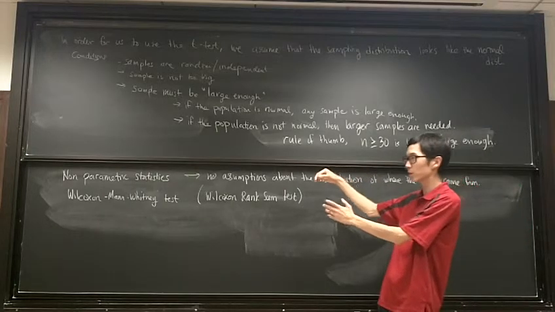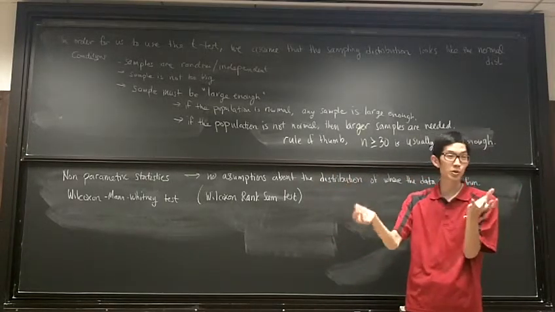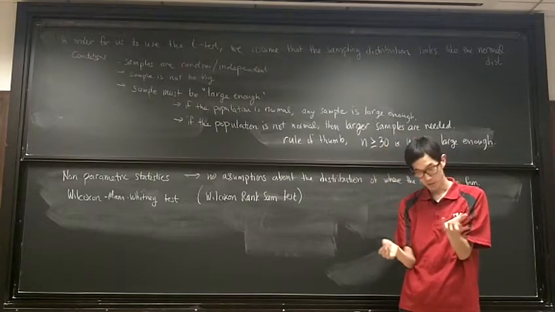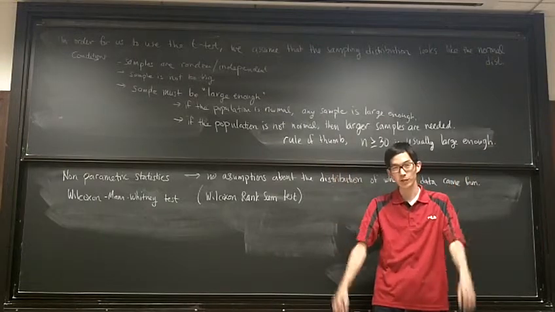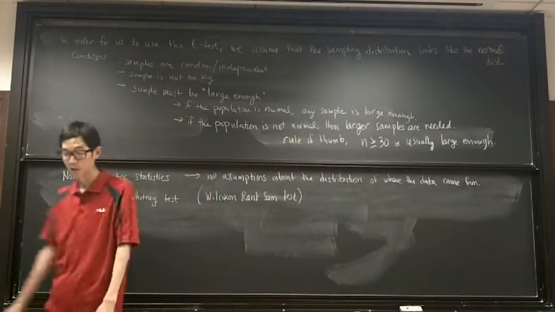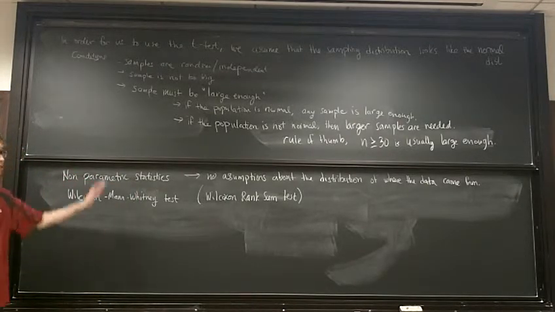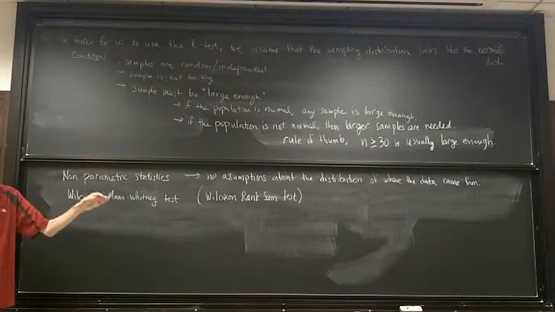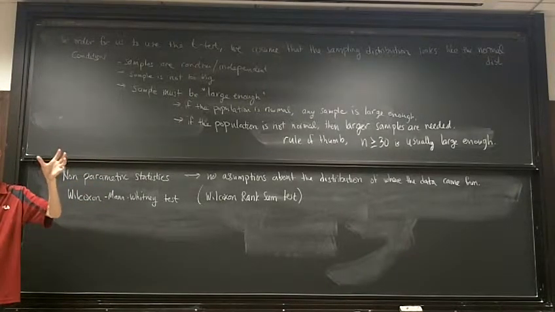This is a test we can use to compare the distribution of two samples, or to compare two samples and see if their respective populations are the same or not. With the t-test, the null hypothesis was that the mean of population 1 is the same as the mean of population 2.